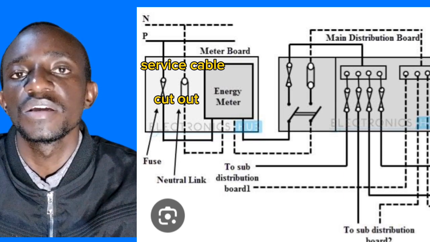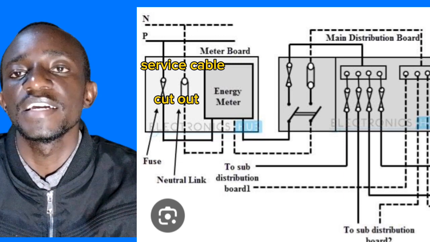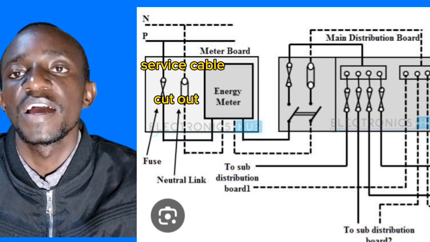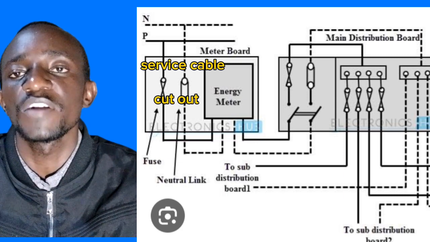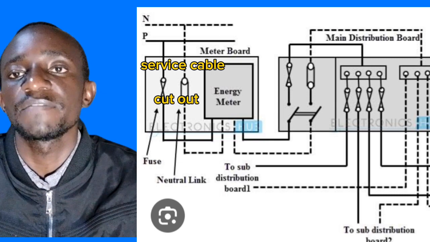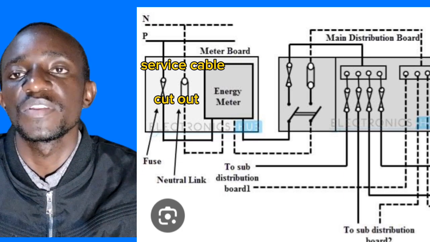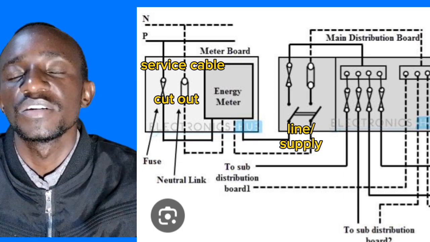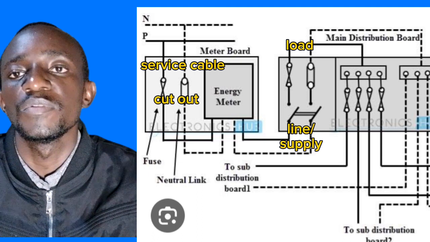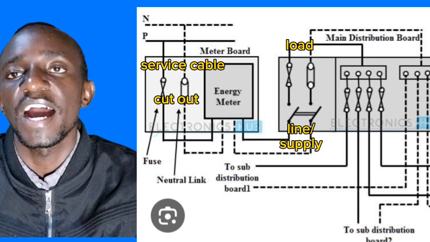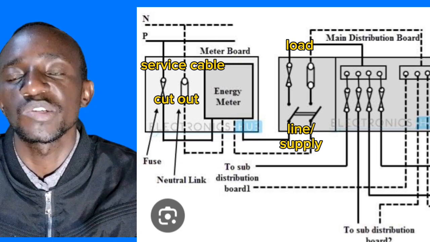Then from the live out is where we connect the main switch terminal, and from neutral out is where we connect the neutral. In the main switch we have 4 terminals also, and the first terminals are written line or supply, and the other terminals are written load.